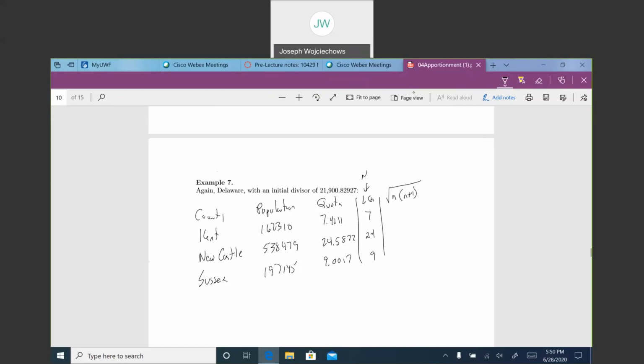So this would be the square root of 7 times 8, the square root of 24 times 25, and the square root of 9 times 10. So now we need to calculate these.